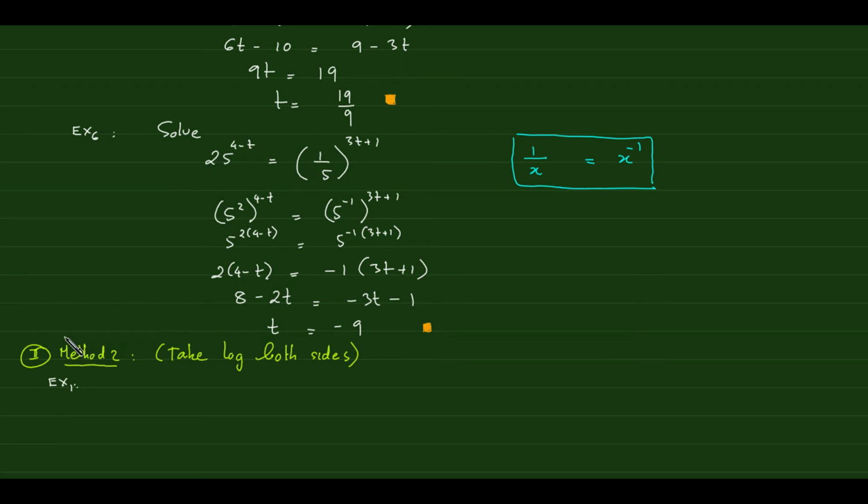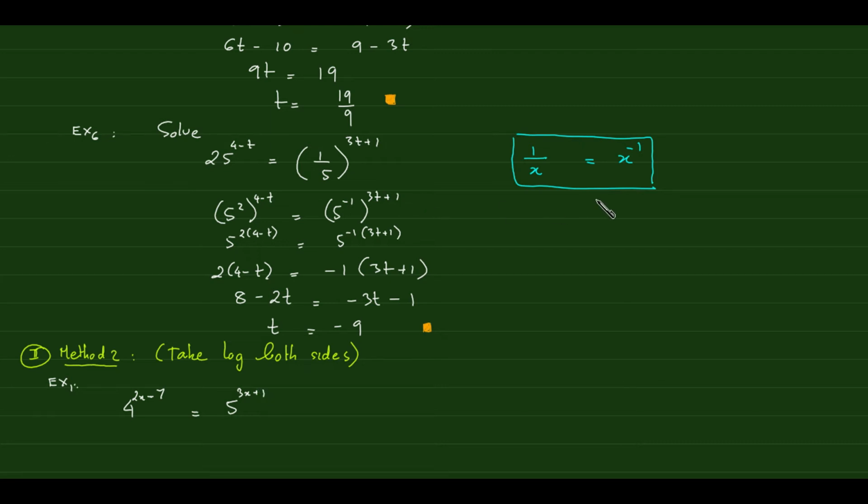I have 4 to the 2x minus 7 equals 5 to the 3x plus 1.